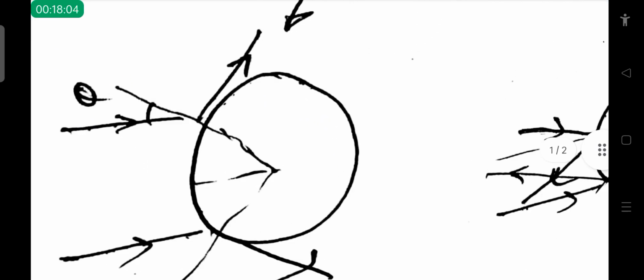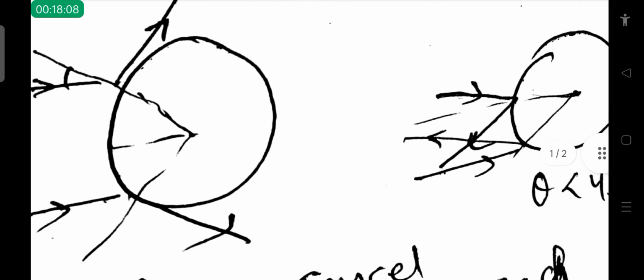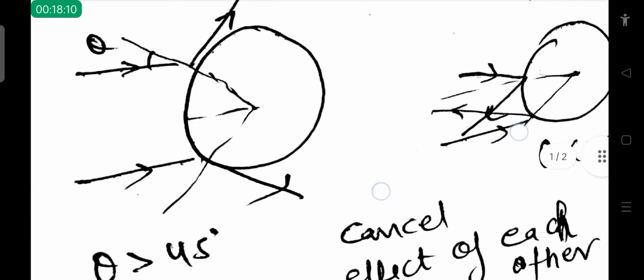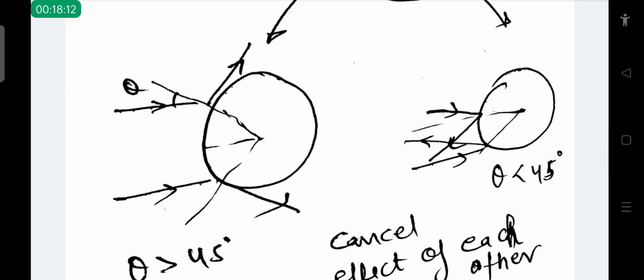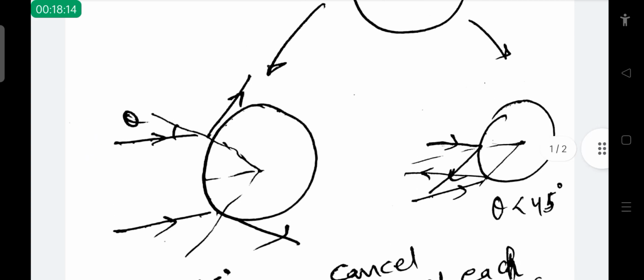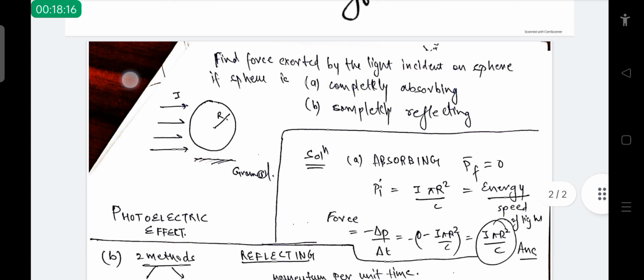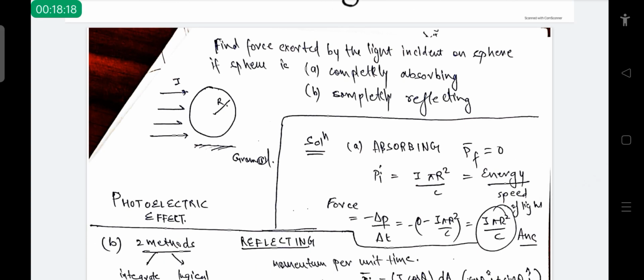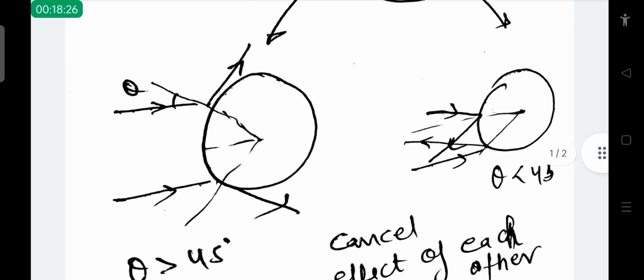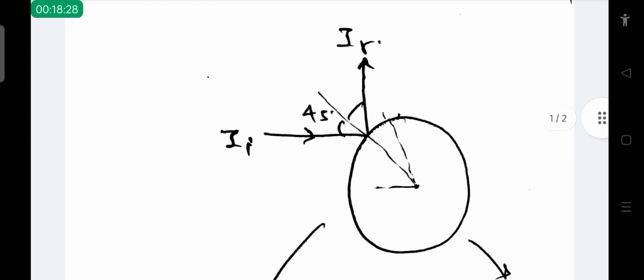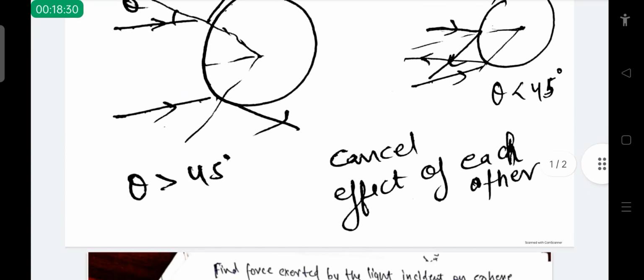Here the directions of reflection are opposite, so they cancel each other, and the final momentum would be zero in this case also. So the force would be equal to I into pi r square by c, just like the situation of a completely absorbing sphere. This is how you can think without solving the integral.